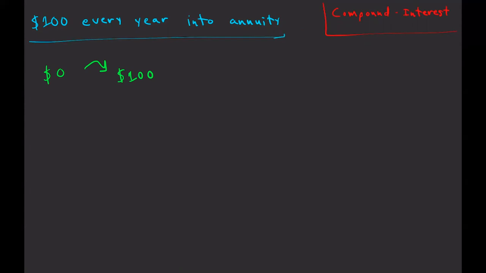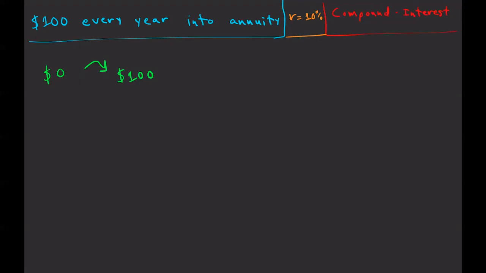What I'm going to sneak in here is, let's say that we have an interest rate R equals 10%, just to keep numbers simple. So we've got a 10% interest rate. That's great.